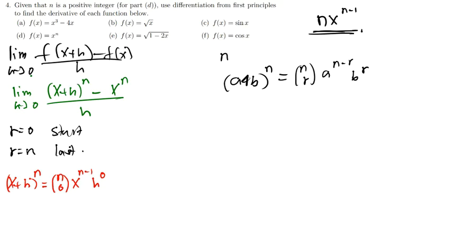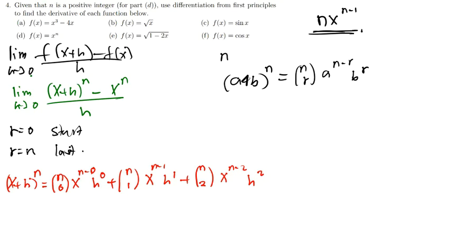The next is n choose 1, then x raised to n minus 1, then h raised to the power 1, plus n choose 2, then x raised to n minus 2, h raised to the power 2.